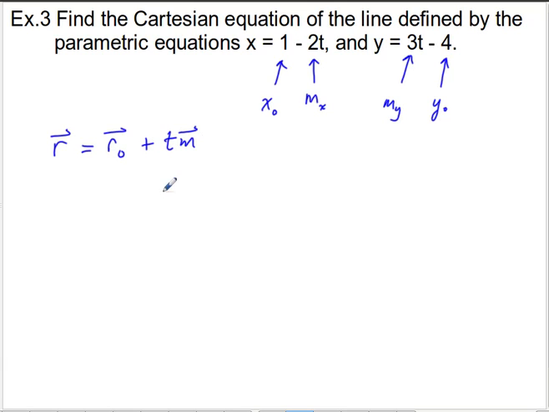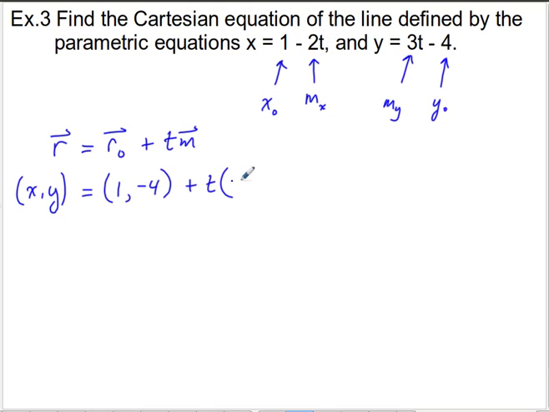So if I were to write this in the form r equals r naught plus t times the direction vector, rather than write that as r, let's write that as xy, a general position vector, which is equal to my initial x position, which is 1, and my initial y position, which is -4, plus t times my direction vector.